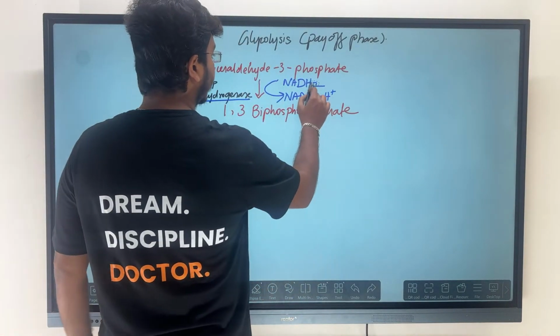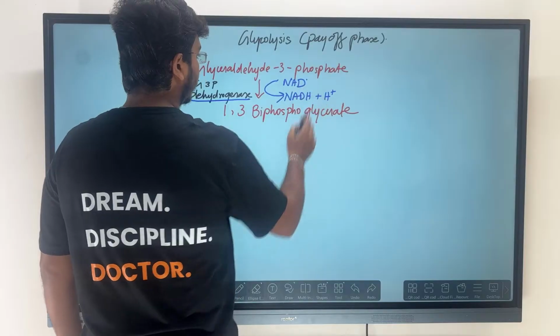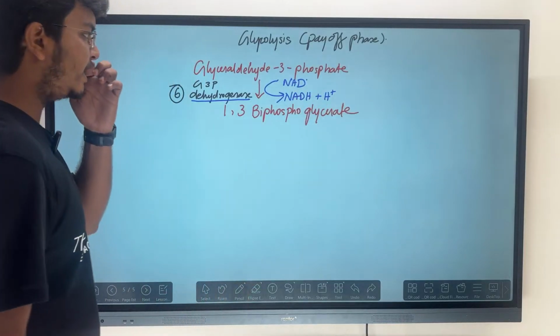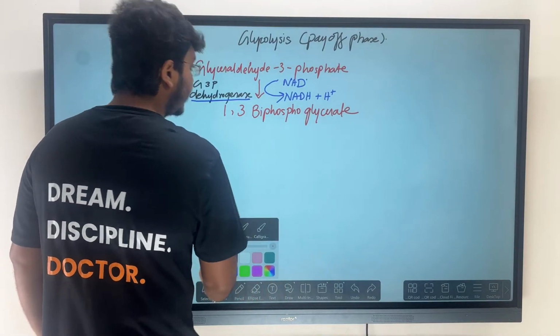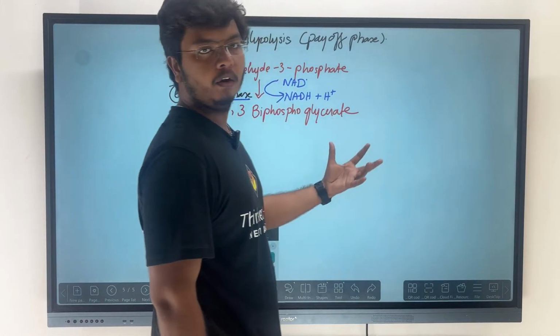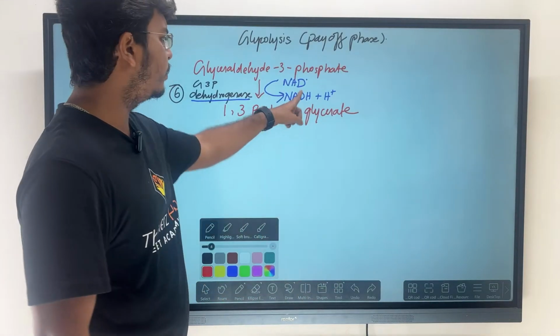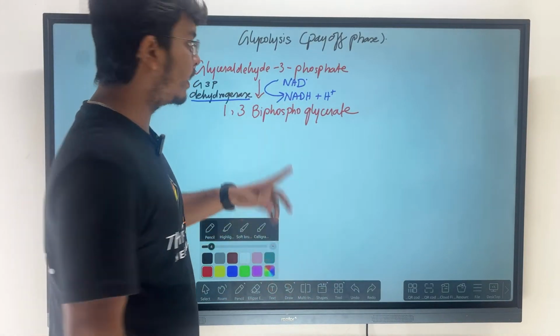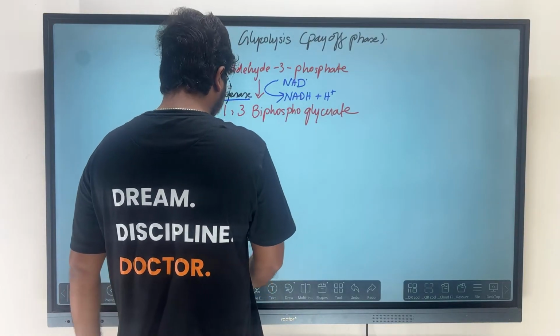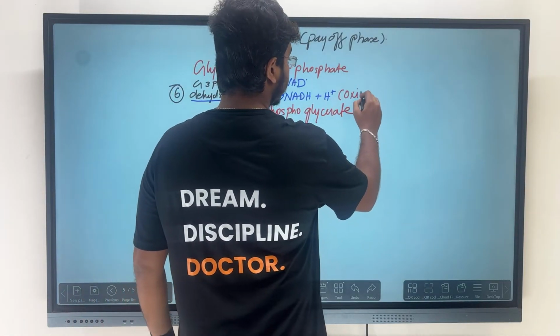So this is NAD. NAD gets converted into NADH plus H plus. That means here we are going to gain our first payoff energy currency. But you know that this energy currency is not substrate level phosphorylation. This is oxidative phosphorylation. What is oxidative level?